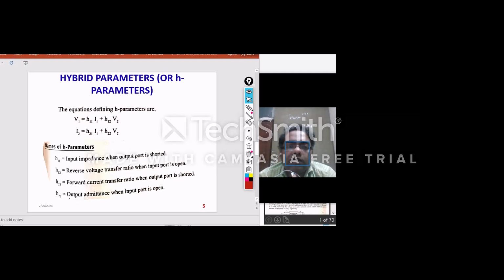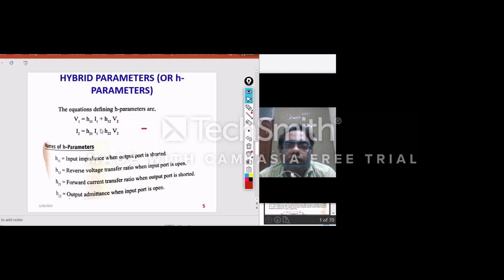How this definition comes depends on how we obtain it. Suppose we excite the input port with voltage source V1 and short circuit the output port, so V2 will be 0. When V2 becomes 0, we can find H11 and H21. H11 is V1 by I1 and H21 is I2 by I1. So like this we can find them.